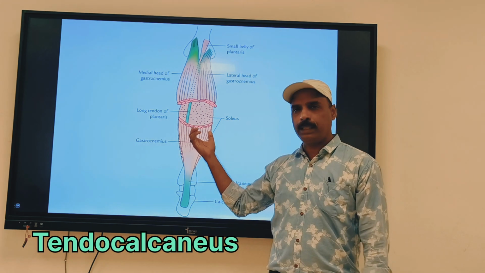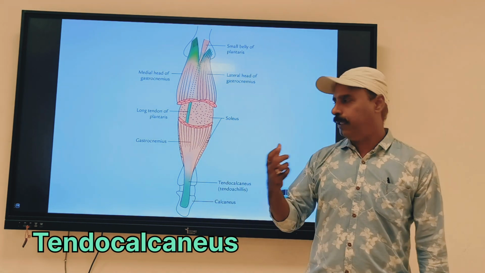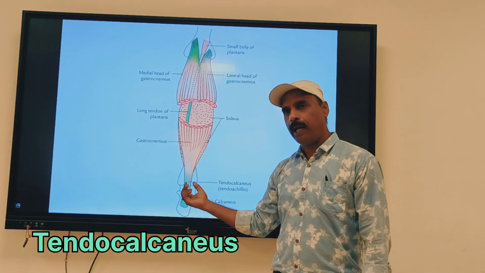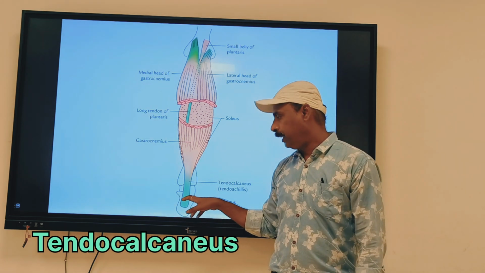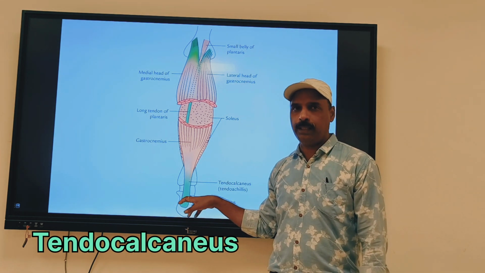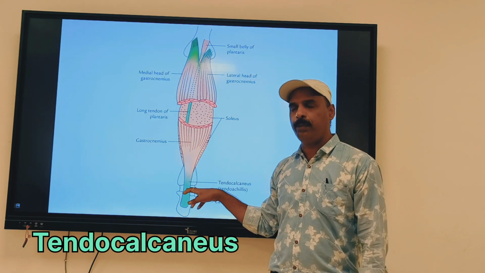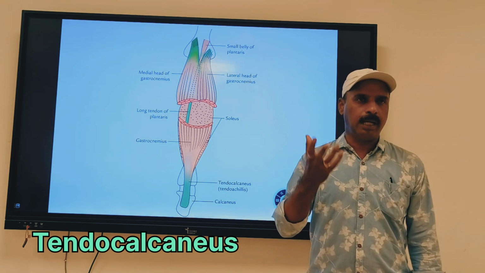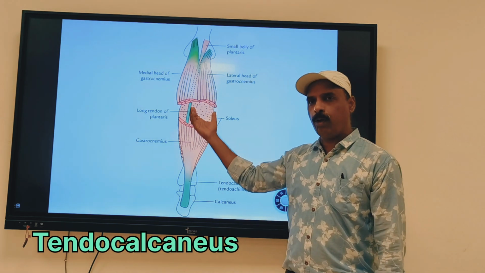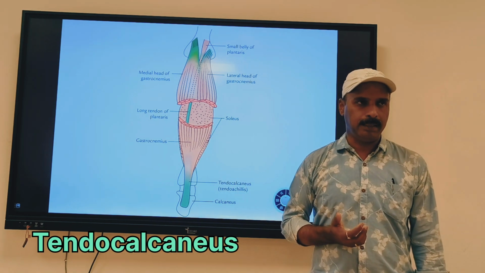So these two muscles, gastrocnemius and soleus, make a common tendon near the lower part, going for the insertion to the posterior part of the calcaneus. This tendon we call the Tendocalcaneus, the tendon of the soleus and gastrocnemius forming the Tendocalcaneus.